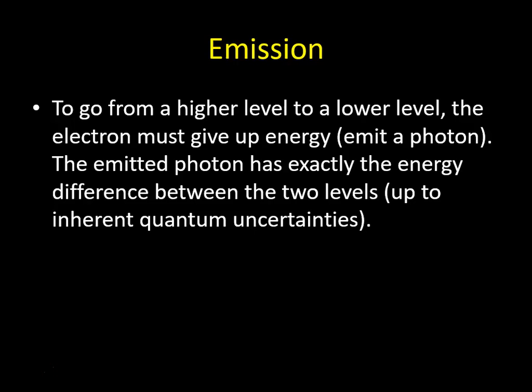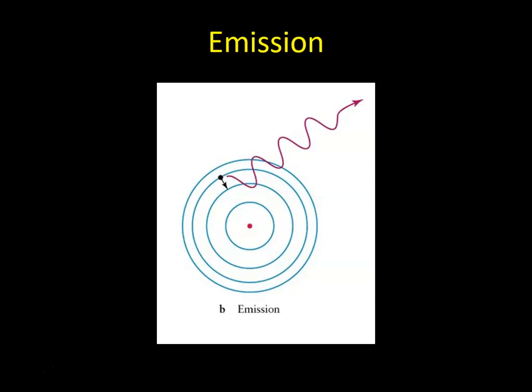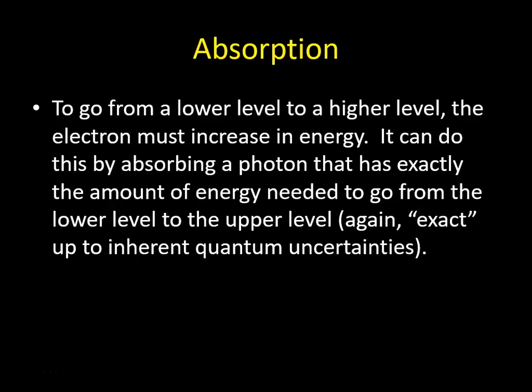So, in any case, this is kind of this picture of emission, going from a higher energy level to a lower energy level by emitting a photon. And, of course, with absorption, that's where you go from a lower energy level to a higher energy level. So these types of actions, emission and absorption, tend to lead to emission spectra and absorption spectra. So, what's going on in the case of absorption? In that case, you have some cloud of generally cooler gas.